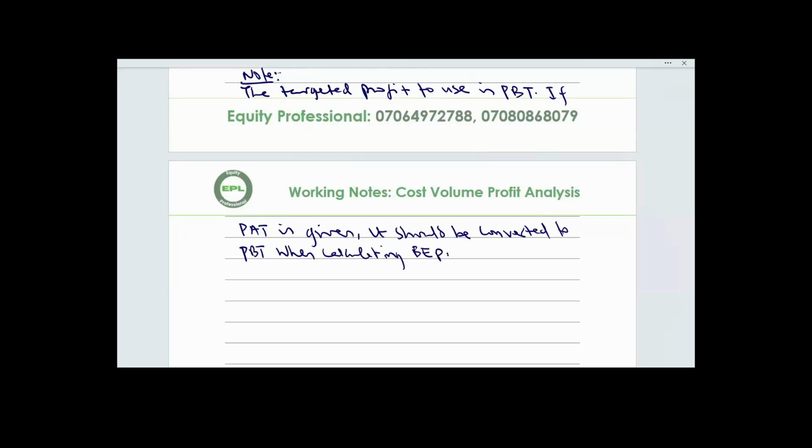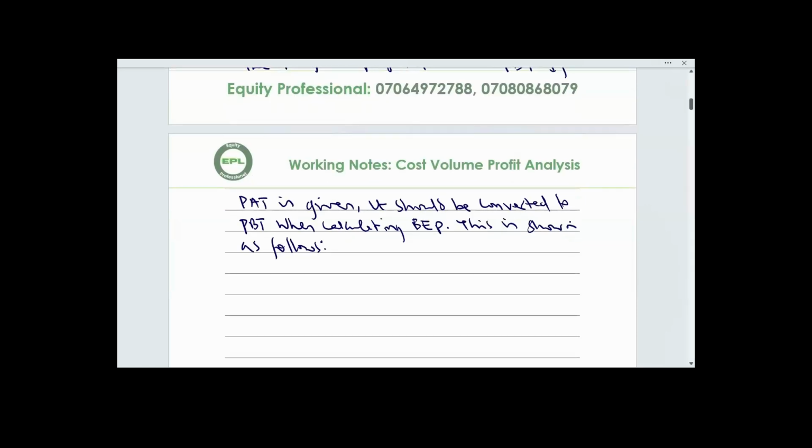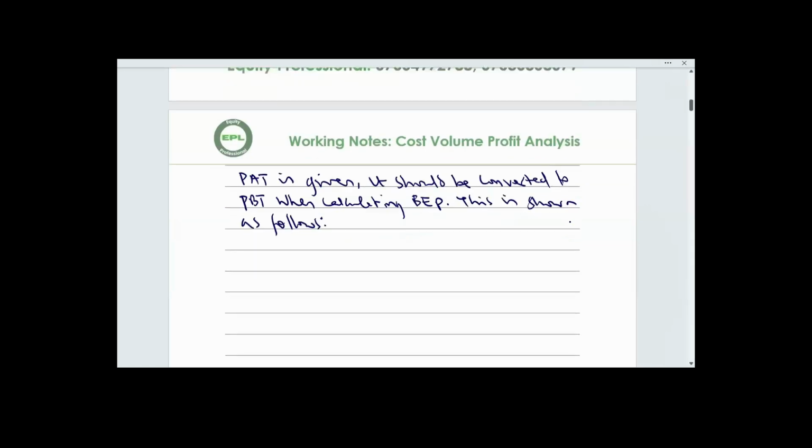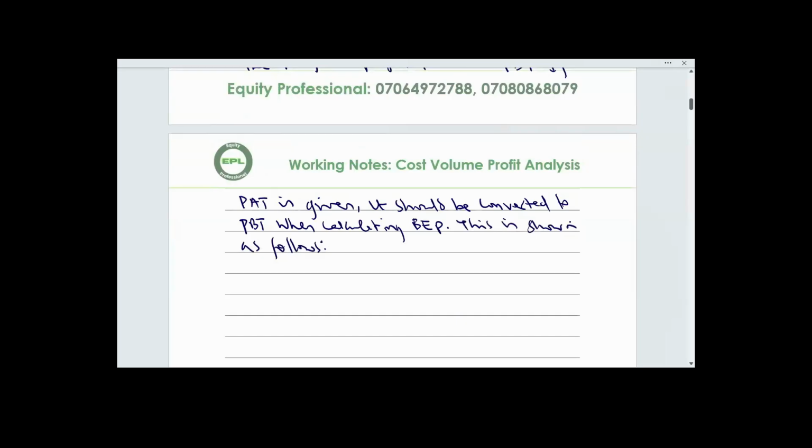This is shown as follows. So what we are saying is that at all times, the targeted profit to achieve is profit before tax. But oftentimes the examiner may give to you profit after tax. You need to convert that profit after tax to profit before tax when you are calculating your break-even point.